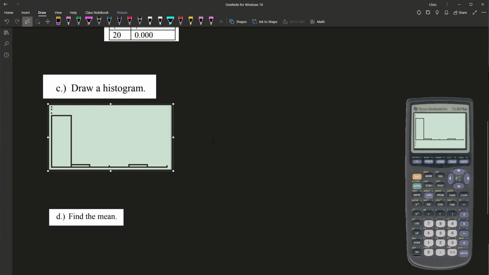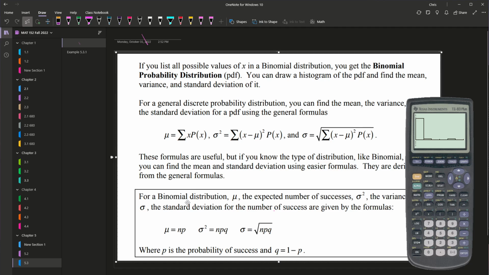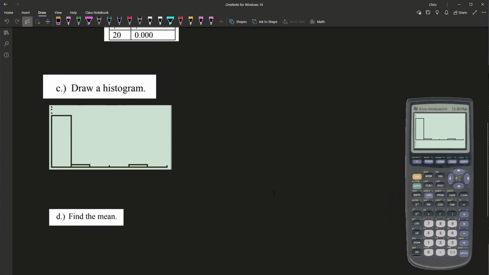For finding the mean, we can use one of those formulas that we just saw. We see that mu is equal to n times p for a binomial distribution.